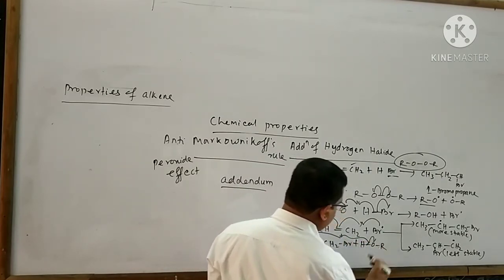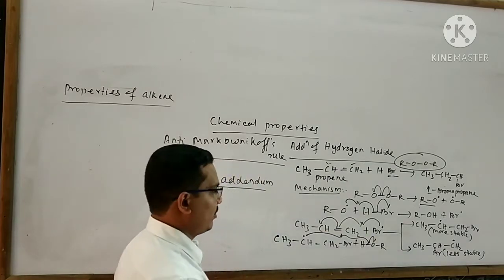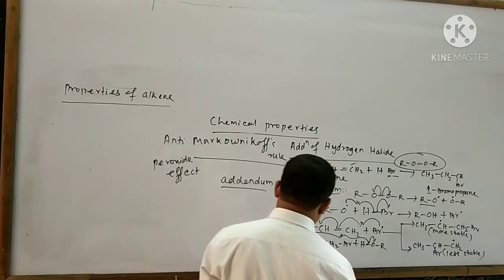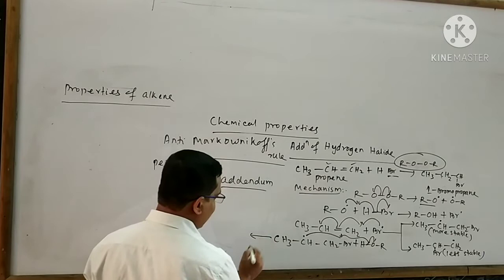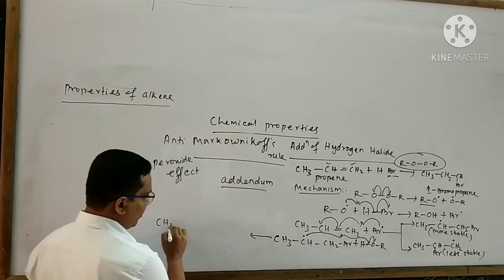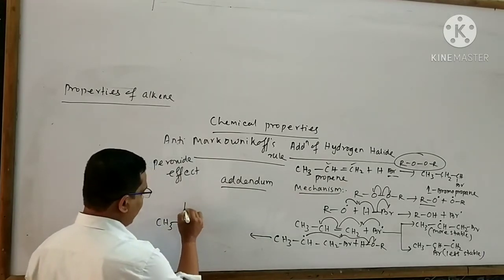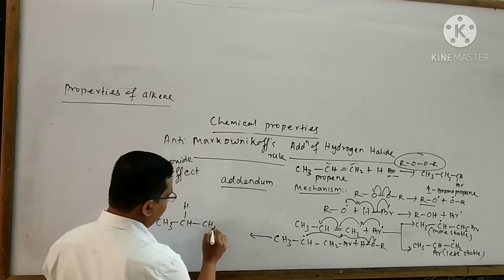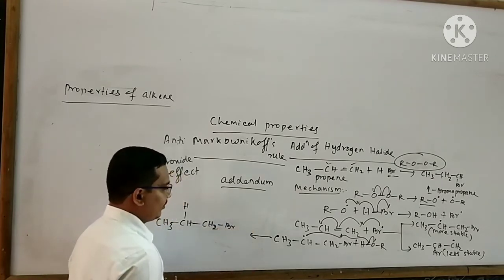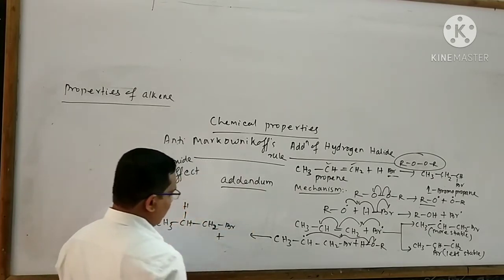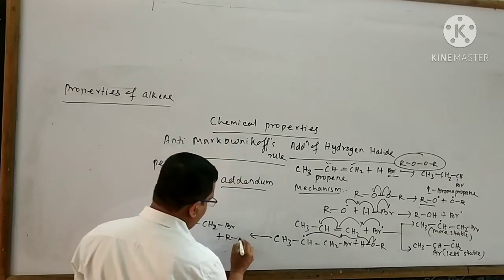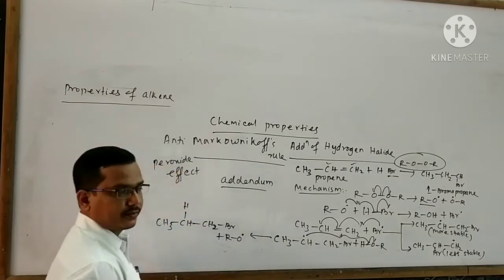Here again RO dot free radical is formed. So I can write like this: CH3-CH2-CH2-Br, and the byproduct is R-O dot.